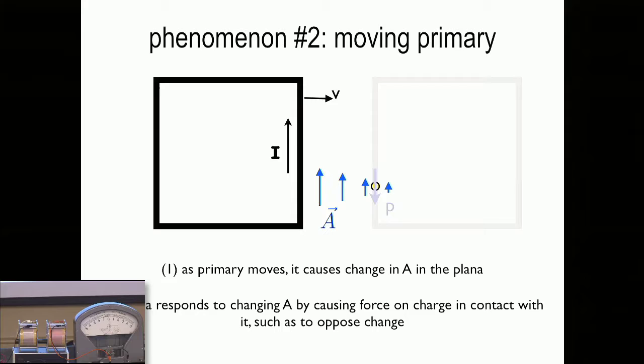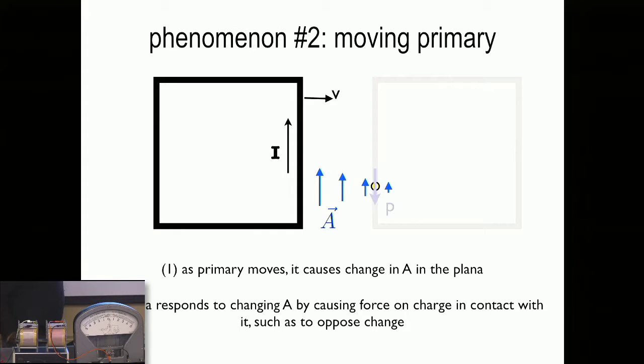That contrary induction is very important. It's called Lenz's law, or it ultimately becomes Lenz's law. So the plenum in this vicinity, because the primary is being pushed towards it, has an increasing A field at this location. It's increasing as the primary is moving towards it.